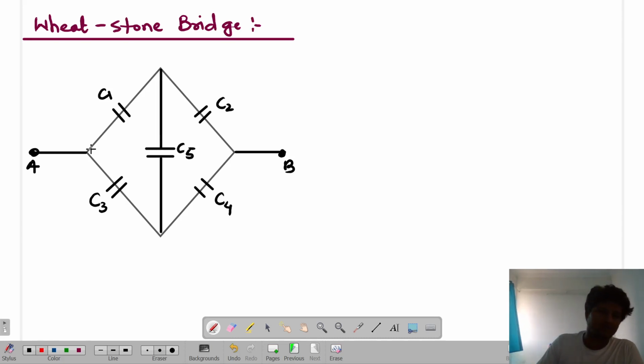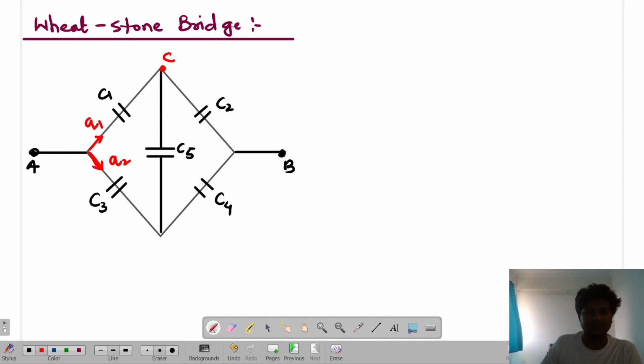So let's suppose some current will move through this one, Q1 and Q2. Now there is a condition. Let's suppose this is A, this will be A also, this will be B also.